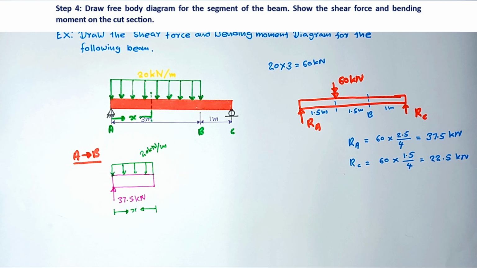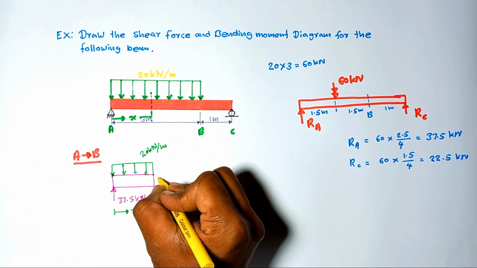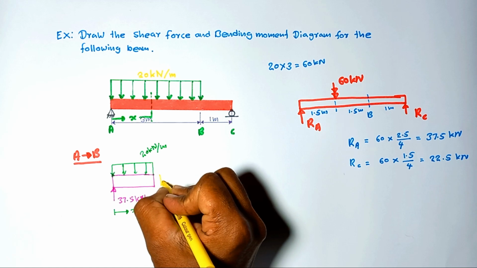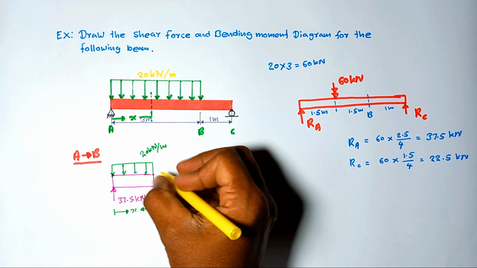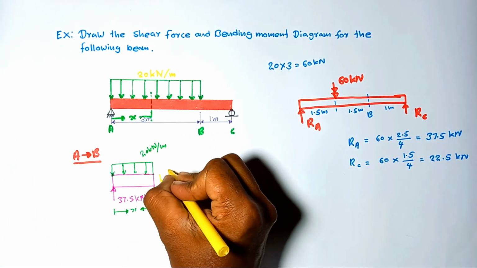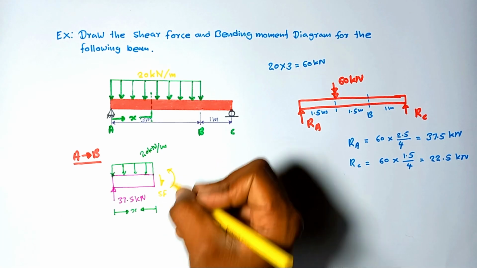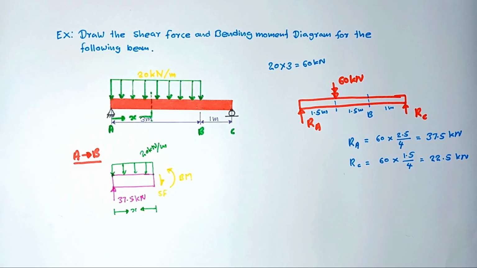Then we have to mark the shear force and bending moment. According to the sign convention, we are going to mark the positive shear force in the downward direction, and according to the positive sign convention of the bending moment, we mark the bending moment as in this. Okay, these are all the forces acting on this beam segment.